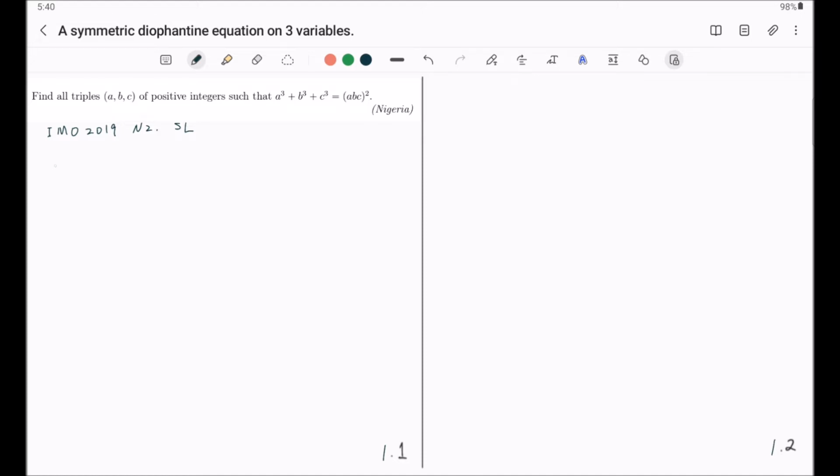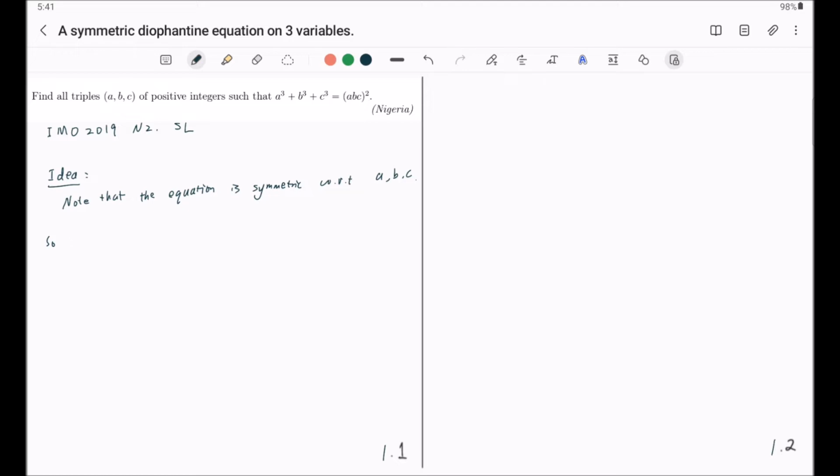Okay, as usual, let's first talk about the idea of the proof, the idea of the solution. The idea is that first we note that this equation is symmetric with respect to A, B, and C. So we are free to permute A, B, and C without affecting the solution set of this equation.